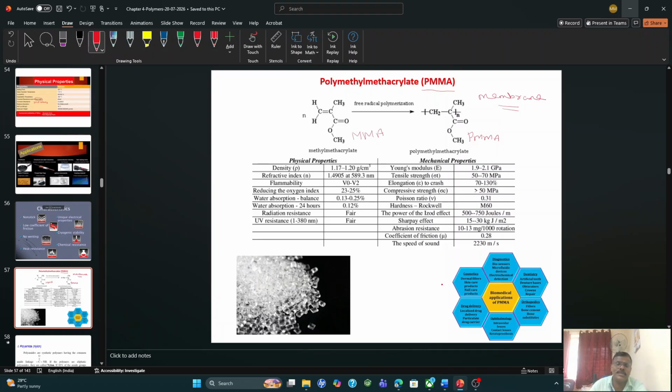It looks like a crystal, pieces of sugar moiety, colorless materials, and then this is also useful in the biomedical applications, cosmetics, diagnostics, dentistry, orthopedic, ophthalmology, drug delivery. So in these all biomedical applications also, this material is very much useful.